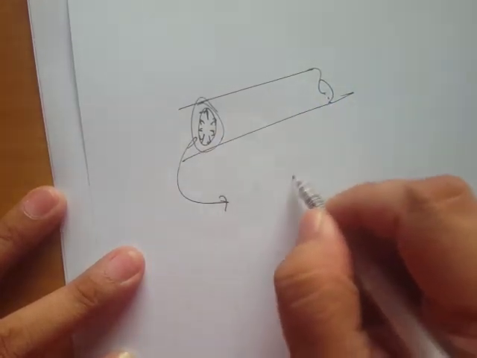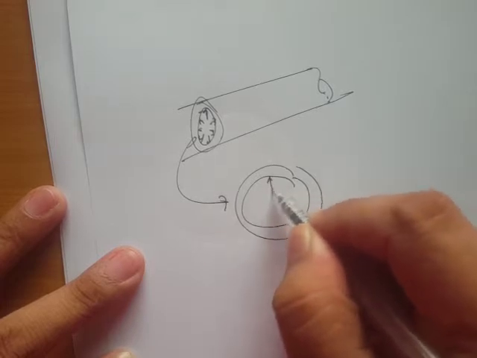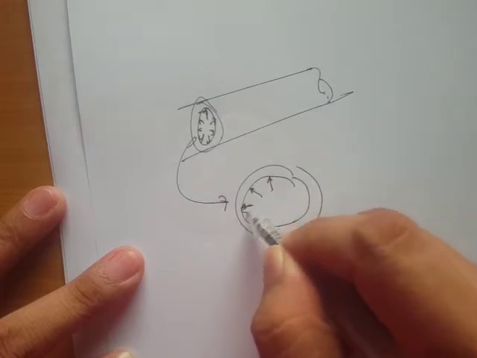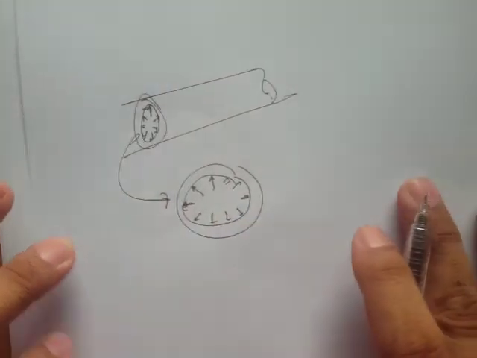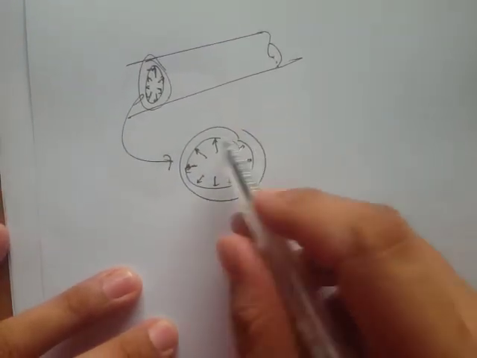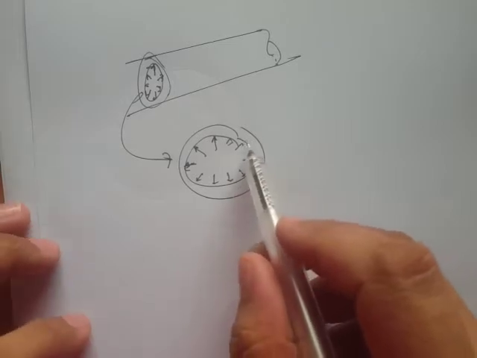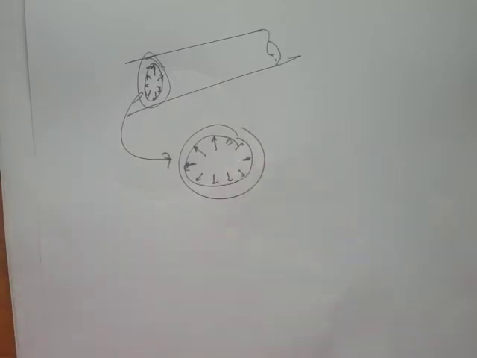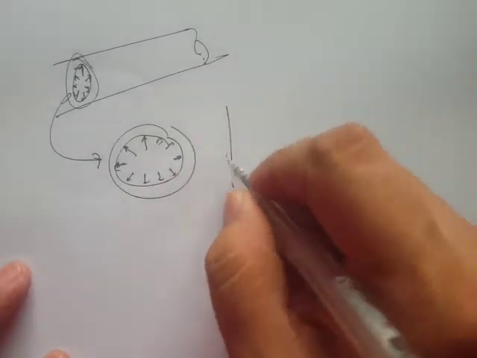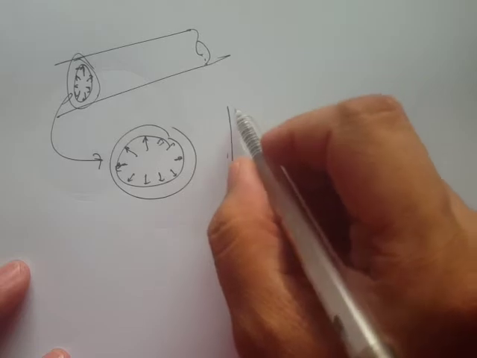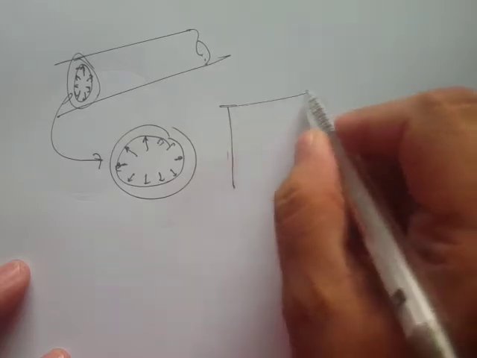So if we draw the cross section here, we have pressures from the fluid. The pipe material must be able to withstand the pressure that it will carry, otherwise the material will fail. Another one is storage, let's say storage tanks.